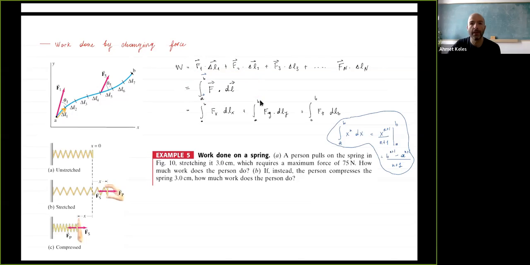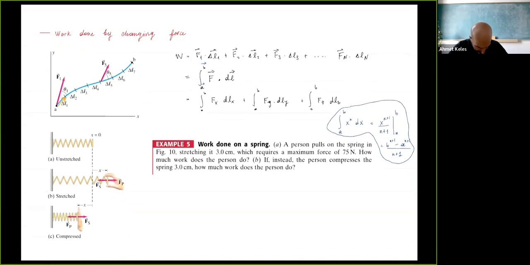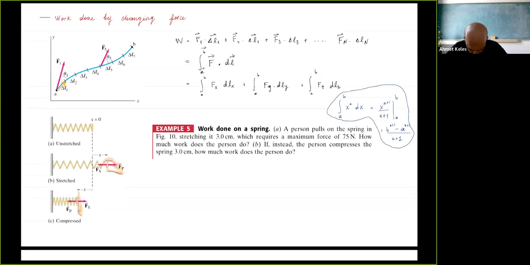Thank you. So here's the example. A person pulls on the spring in figure 10, stretching it 3.0 centimeters, which requires a maximum force of 75 Newton. How much work does the person do?